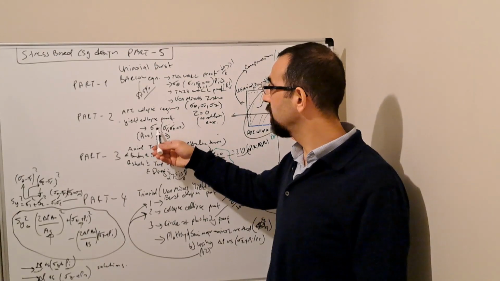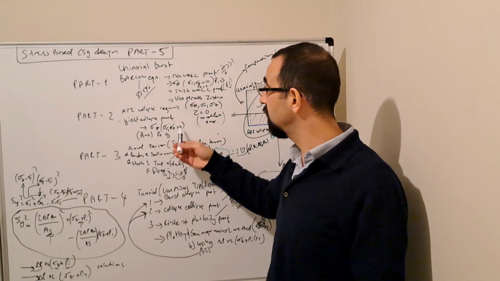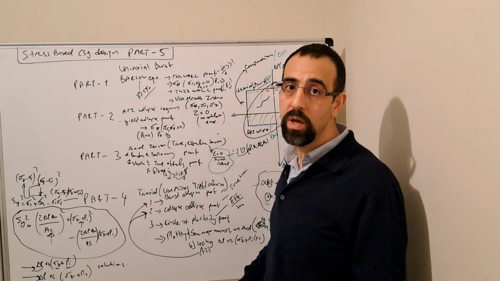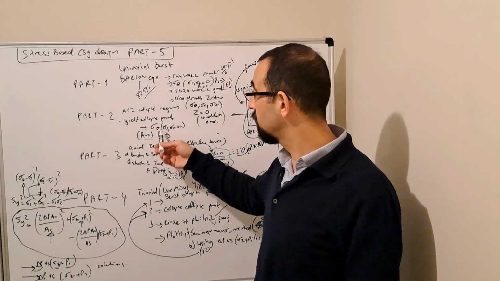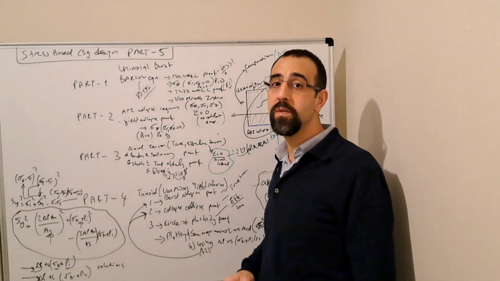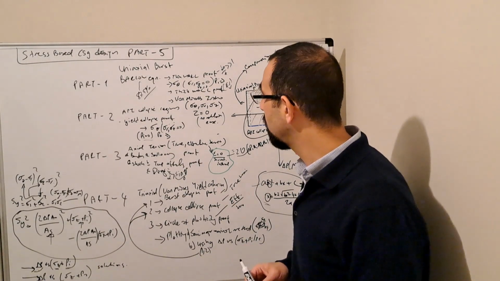How we came up with that is we assumed that radial and axial stress are zero and that the internal pressure is zero. So we solved the equation for external pressure, where the tangential stress is equal to the yield strength.